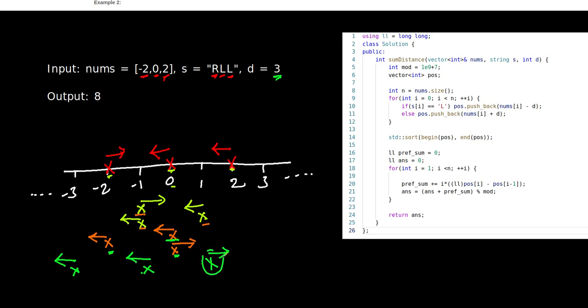So the positions will be 1, and this one is at -1, and this one is -3. Summation for the distances: -3 to -1 is 2, -3 to 1 is 4, plus -1 to 1 is 2, so the answer is 8.